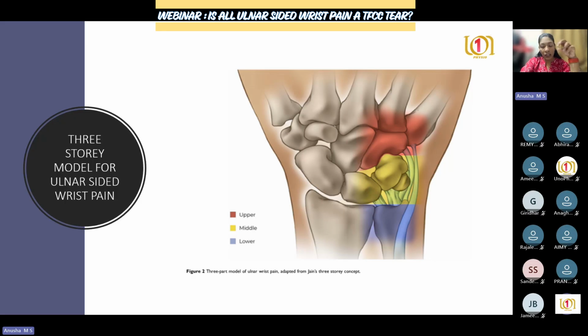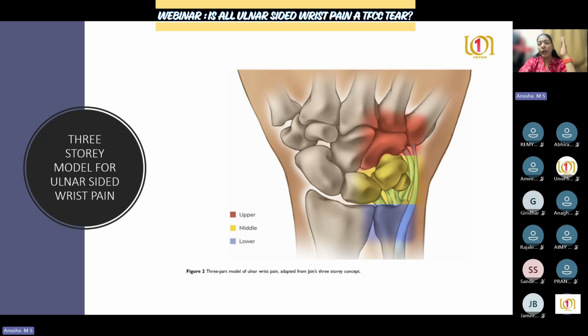The ulnar styloid is considered a central landmark. The structures just above the ulnar styloid are called the upper story, the structures at the level of the ulnar styloid are called the middle story, and the ones below the ulnar styloid are called the lower story.